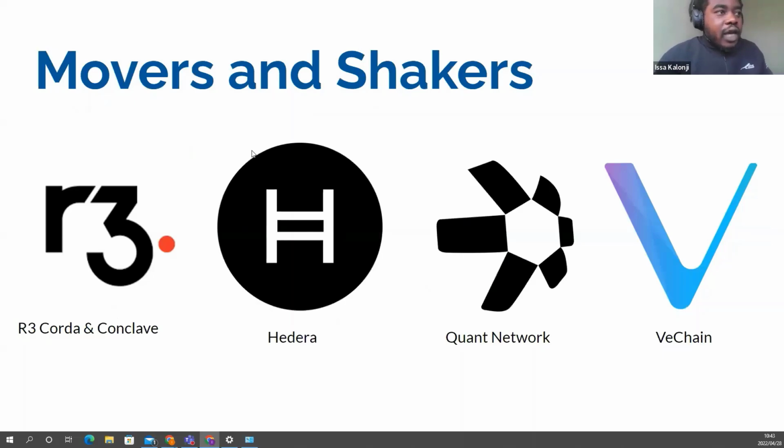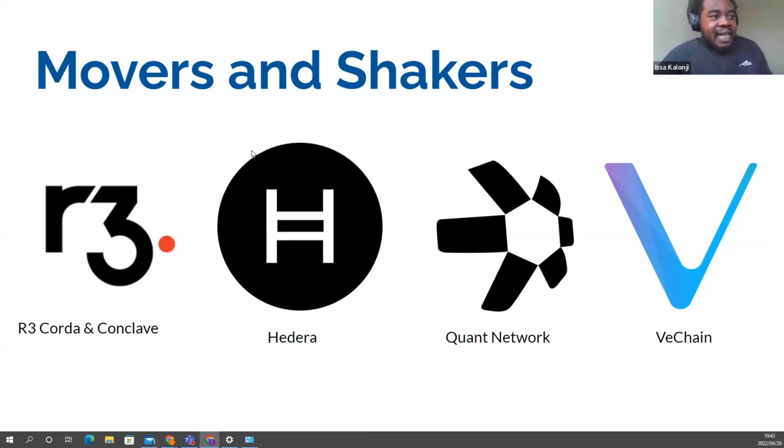Now, let's take a look at a few movers and shakers in the enterprise blockchain world. Firstly, we have R3 Corda and Conclave, a very exciting project because they base their development on languages that developers are already used to. So we're talking about C# and Java, as well as Python.